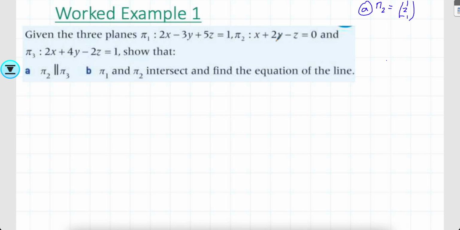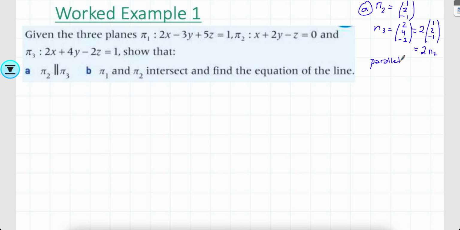Remember, you take the coefficients of x, y, and z. That will be the normal. And n3 is just (2, 4, -2), which is the same thing as saying 2 multiplied by (1, 2, -1), which is 2 times the normal of the second plane. So I have shown that they are parallel.